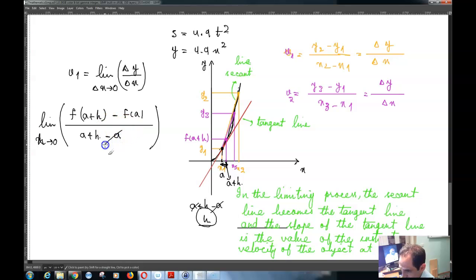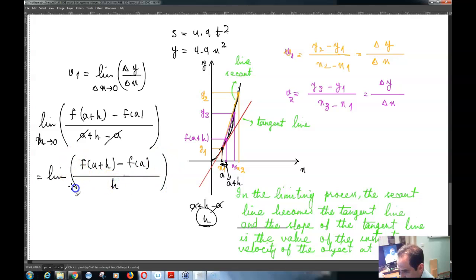which is basically, you can cancel these two out, and then you can write this as the limit of f of a plus h minus f of a over h as h tends to 0.